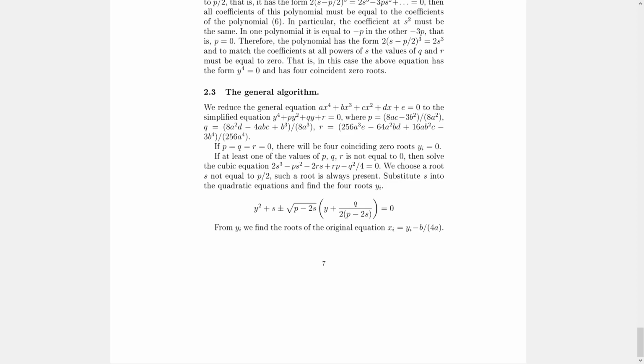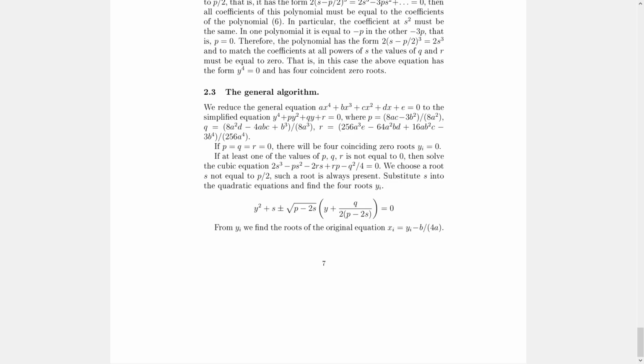If at least one of the values of p, q, r is not equal to 0, then solve the cubic equation 2s cubed minus ps squared minus 2rs plus rp minus q squared divided by 4 equals 0.